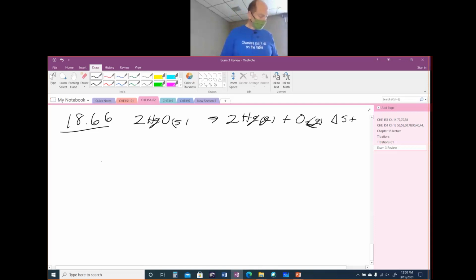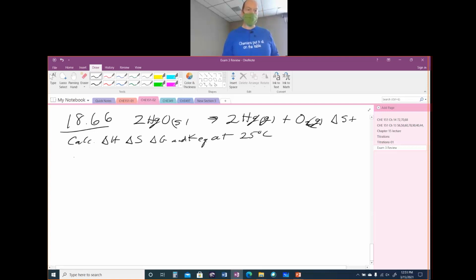All right, so estimate the temperature at which this is spontaneous. All right, so I'm going to say calculate delta H, delta S, delta G, and K eq at 25 degrees Celsius.